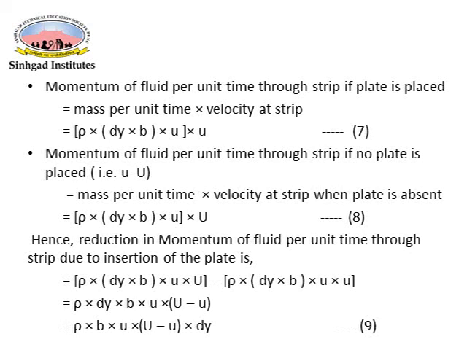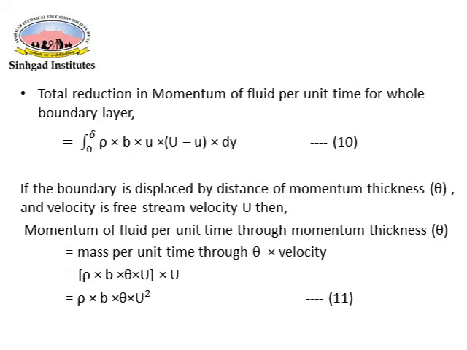The total reduction in momentum of the fluid per unit time for the whole boundary layer equals the integral from 0 to delta of rho b u (U minus u) dy.